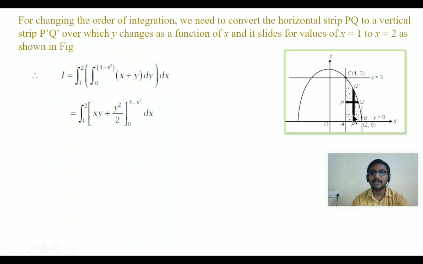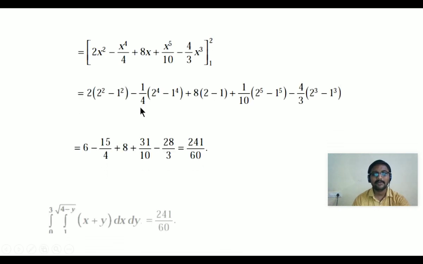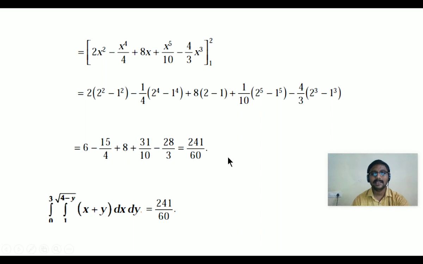We change the limits and apply the integration. The double integration sum changes to a single integration, and evaluating it, we get the required constant value. So easily we can change the order of integration of the double integral.